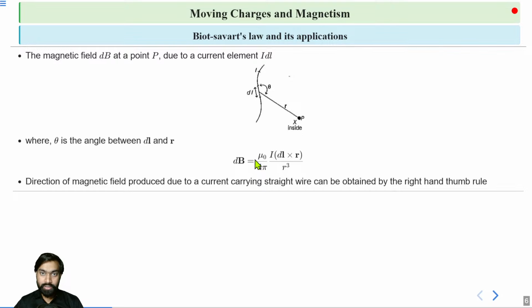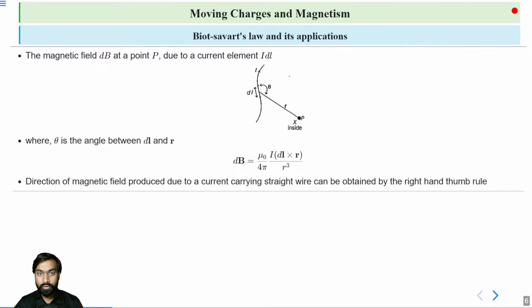If we talk about the direction of the magnetic field, the direction of dB created by the current element can be found using the right hand thumb rule. Point your right thumb in the direction of current I and curl your fingers around the wire. Your fingers point in the direction of the magnetic field lines created around the wire. There is one more method, known as the screw rule.